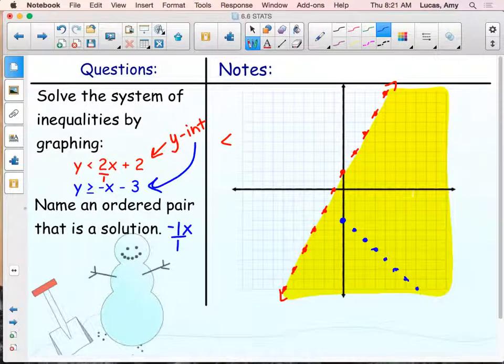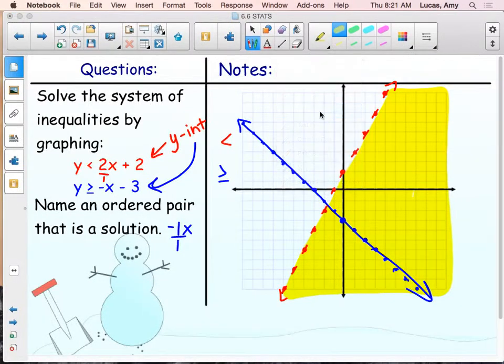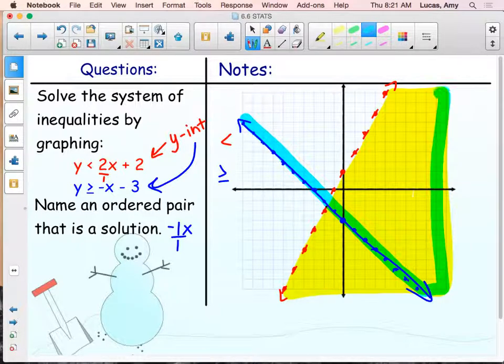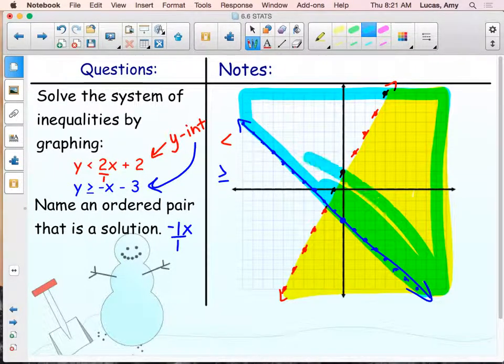And this inequality symbol is greater than or equal to, so that means I have a solid line, and greater than is shaded above. So I'm going to shade above this blue line, like this. So above the line.